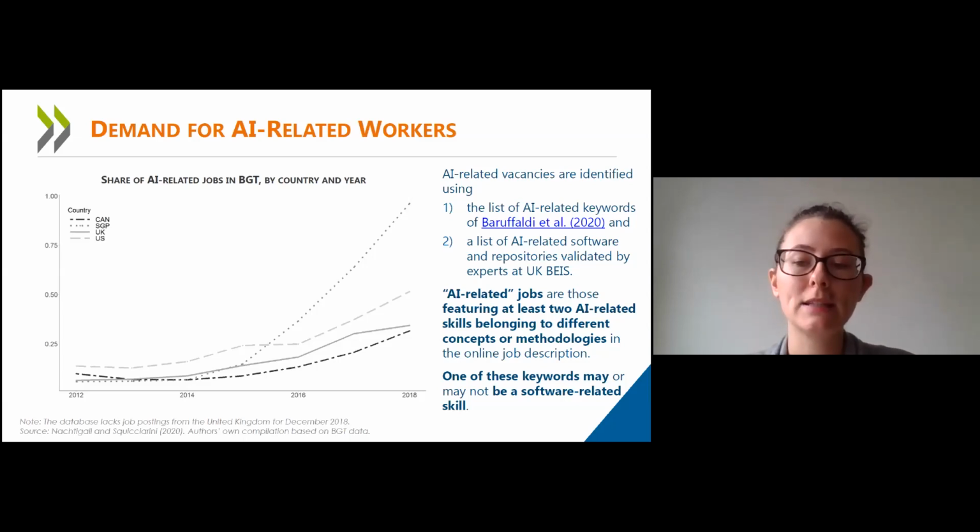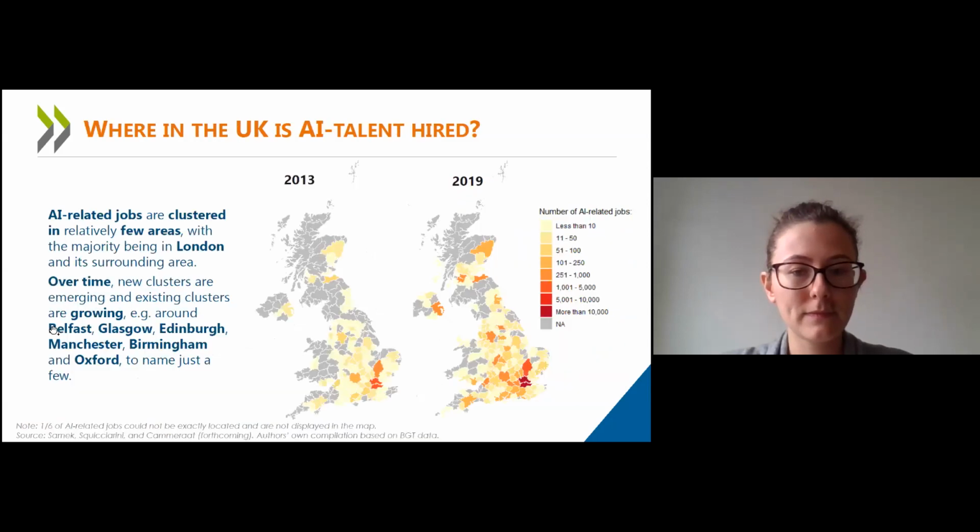You can see that between 2012 and 2018, there's been a clear upward trend for the countries that we show here, which are Canada, Singapore, the UK, and the US. And you can see a particular spike for Singapore. But at most, 1% of all the jobs in BGT are AI related according to our definition. Next slide, please.